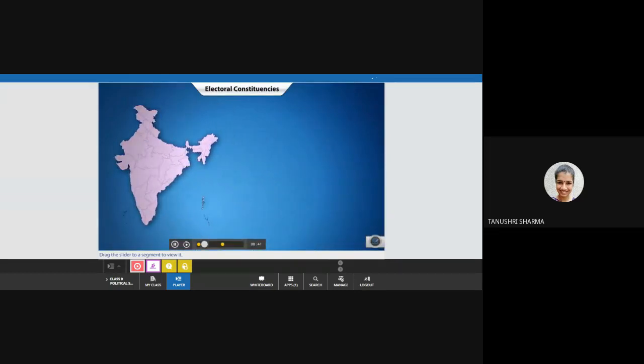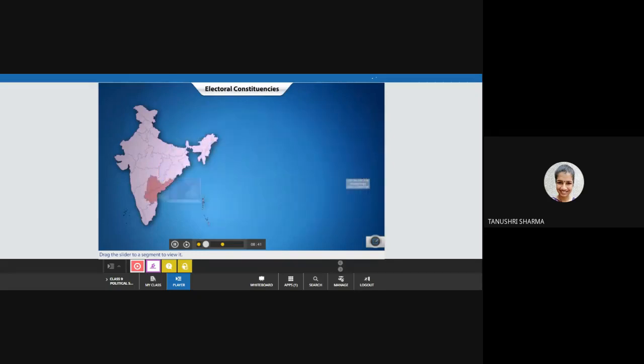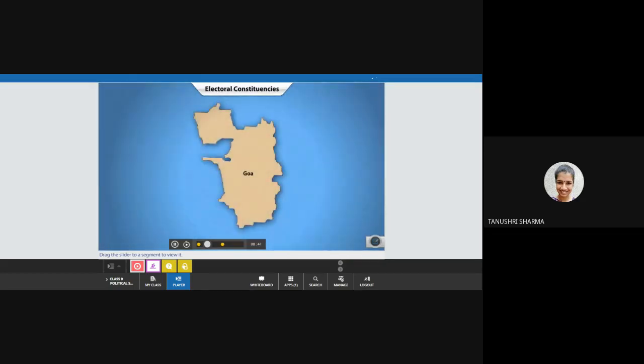A much smaller area is demarcated for the Vidhan Sabha or the state assembly elections. The number of assembly segments varies from state to state. For instance, the state of Andhra Pradesh comprises 294 assembly constituencies. Each of these constituencies sends a single elected representative to the Lok Sabha or Vidhan Sabha.